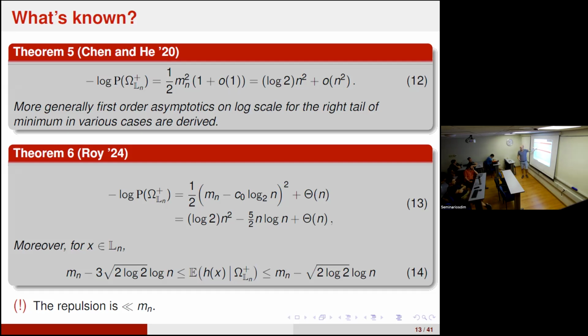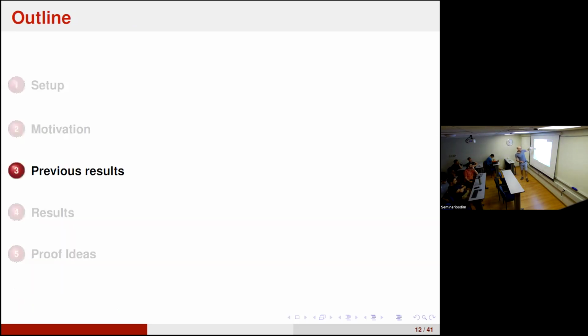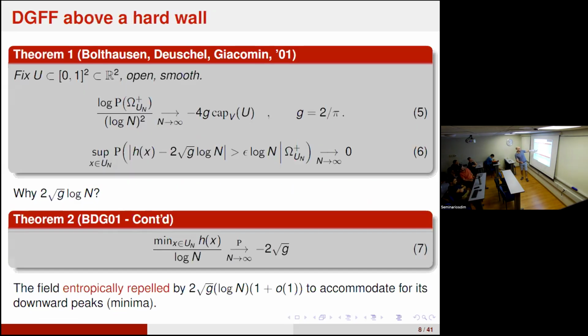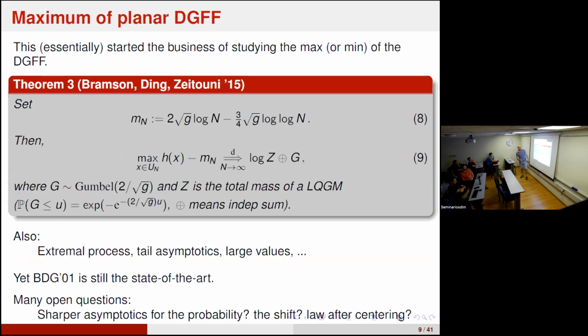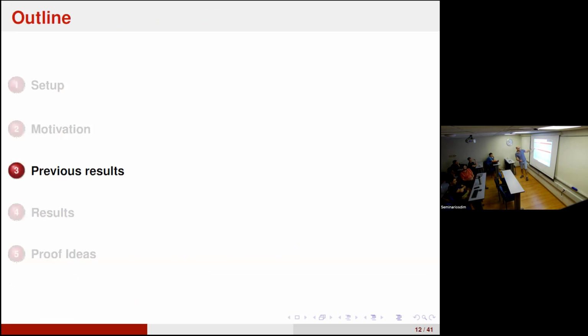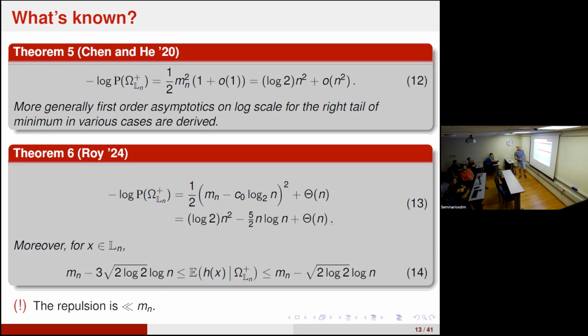This is reminiscent of the problem that I showed you on the planar domain, and it's the same first order result as the probability that the field is positive for the leaves.